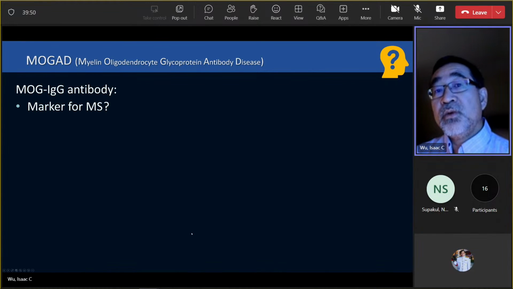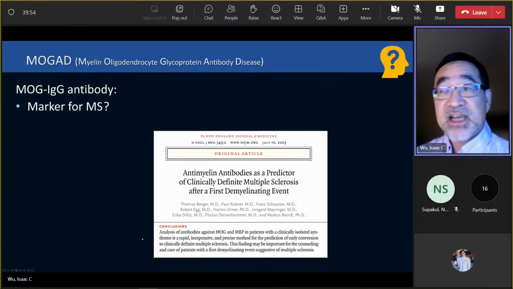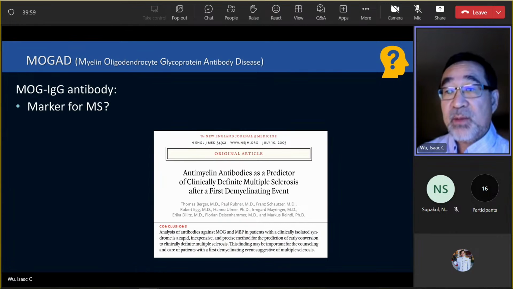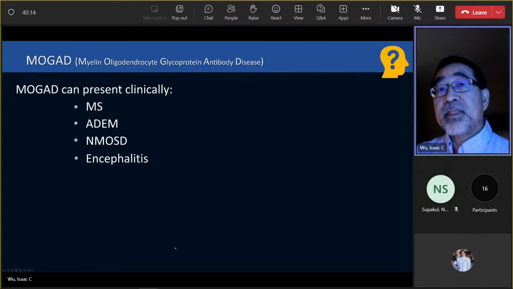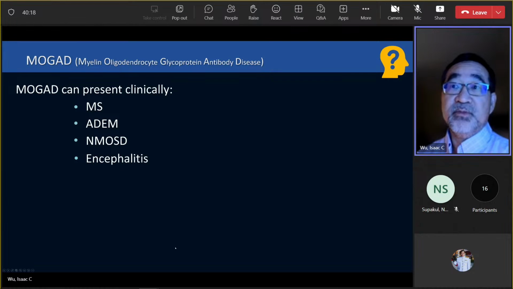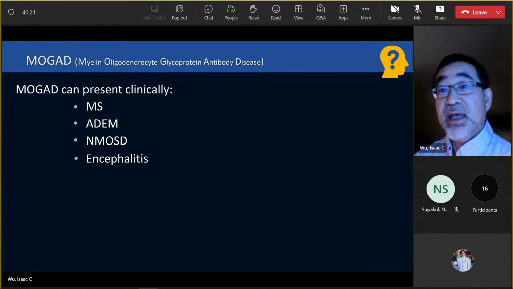So what is the antibody anyway? This is not something that was just discovered like 5 years ago. It was discovered a while ago, a couple of decades ago. When it first came out, there was a lot of excitement generated because people thought that they had finally found the biomarker for MS. But it turns out, as people looked into it, that was not exactly the case. The trick here is that clinically, MOGAD can mimic just pretty much everything.